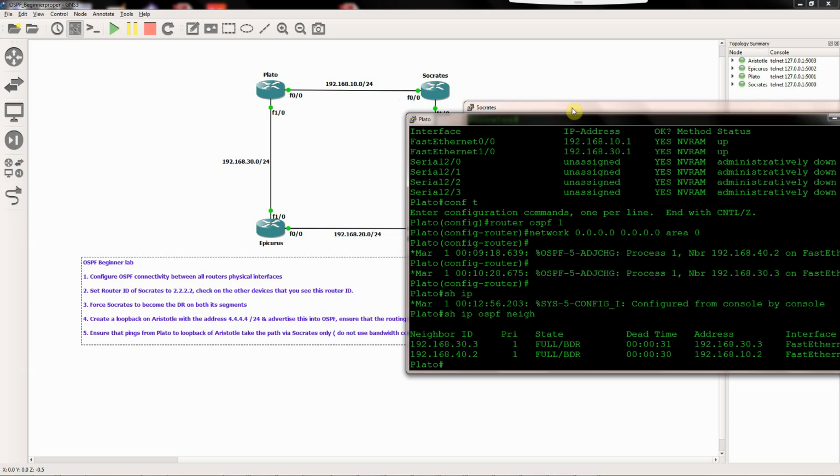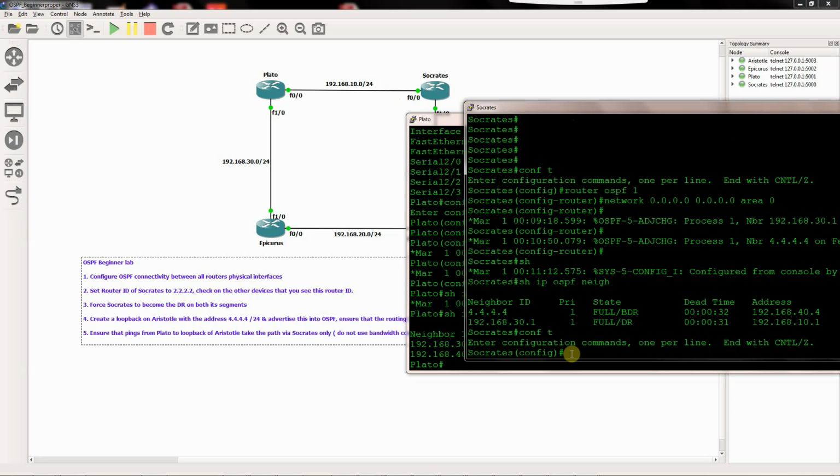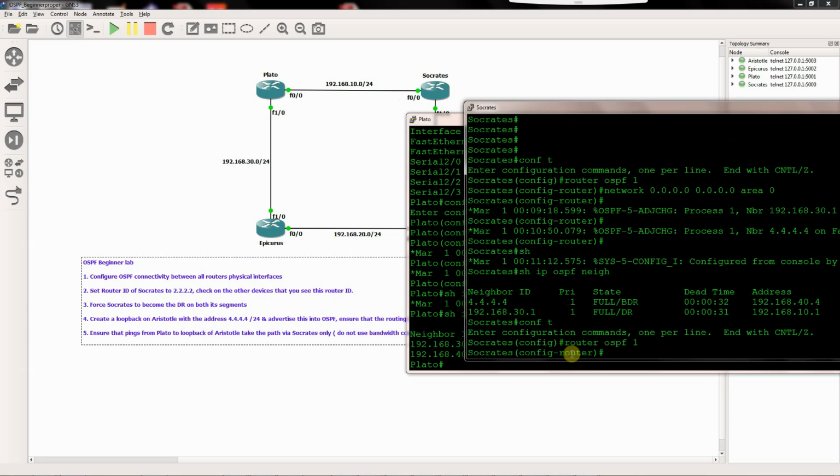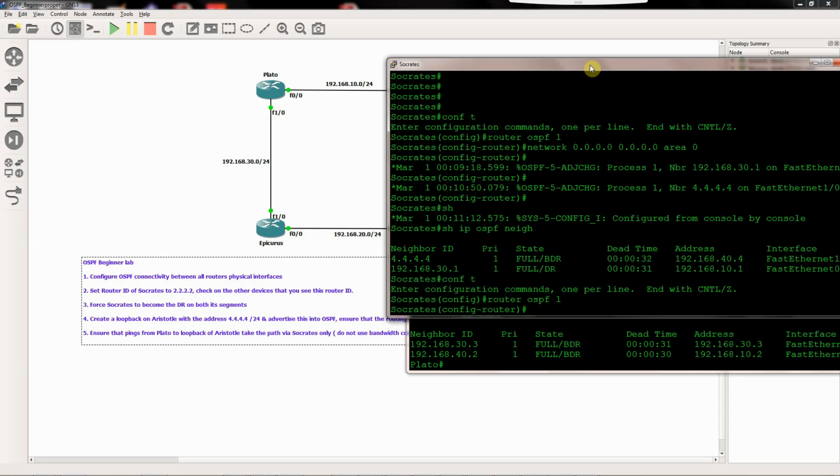Okay, what we're going to do in Socrates, I believe it's OSPF 1, yeah, we're going to go into the routing process.